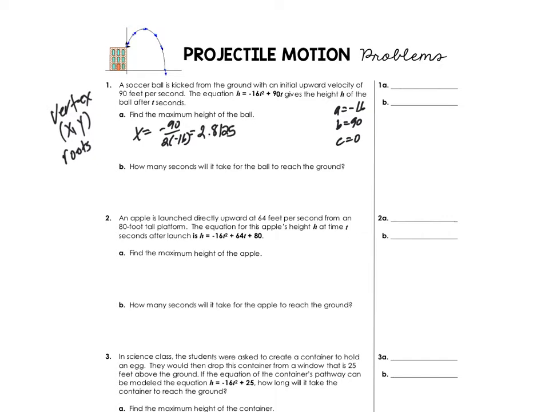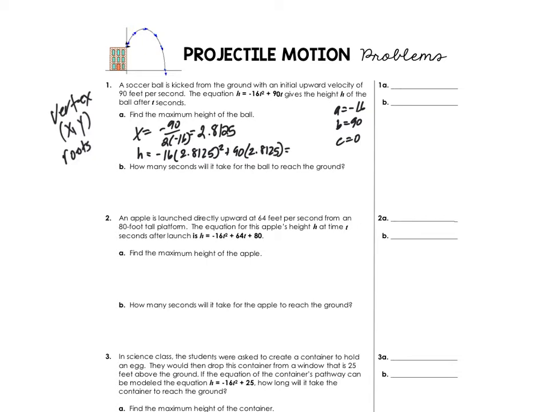And then I substitute that back into the equation. So negative 16 times 2.8125 squared plus 90 times 2.8125.